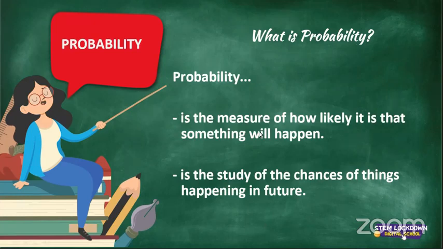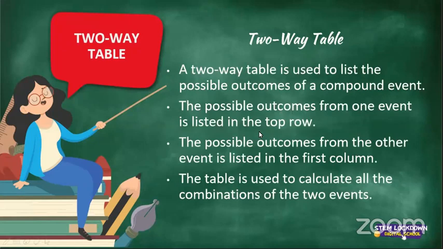Okay, so then what are we going to do today? Today we are going to look at two-way tables. I know you guys have done this. Some of you might not have done it before, but like I said, we're just taking this time this week to really go over the work and make sure that everybody understands what exactly probability is and how we calculate it.